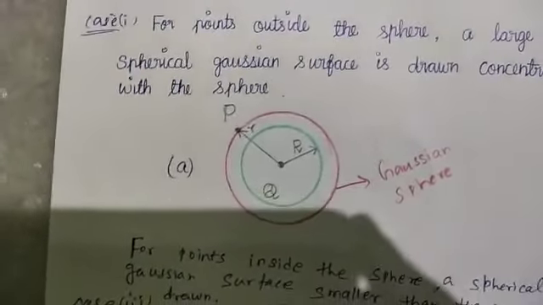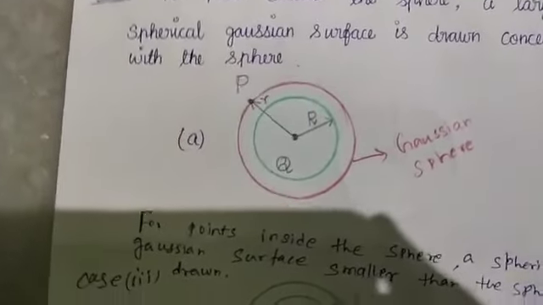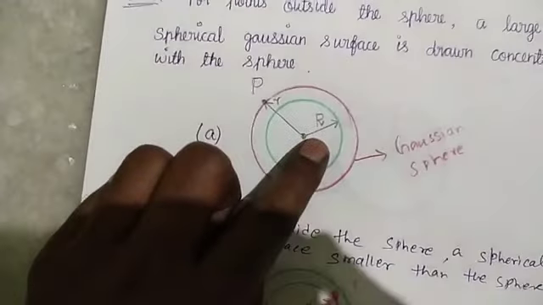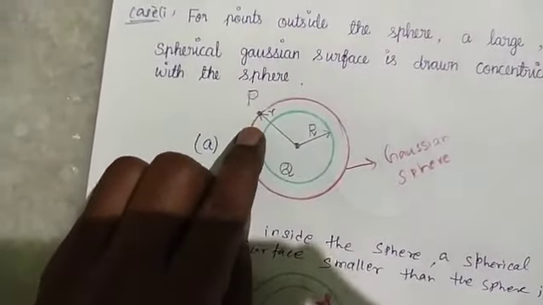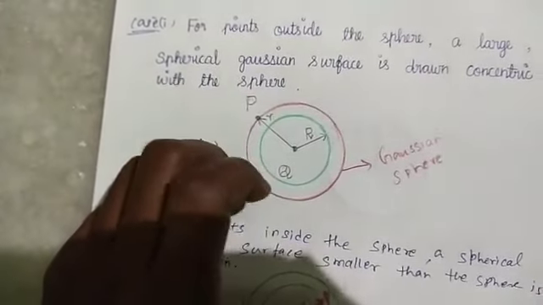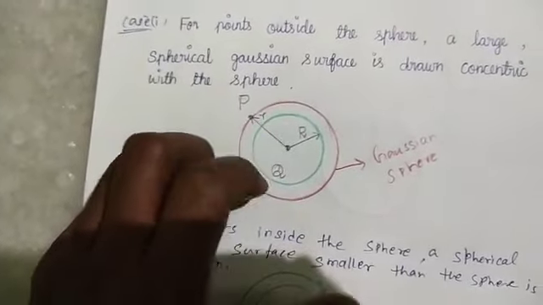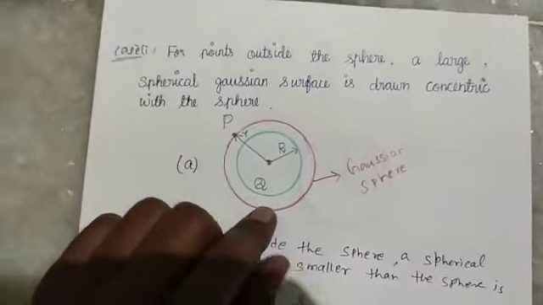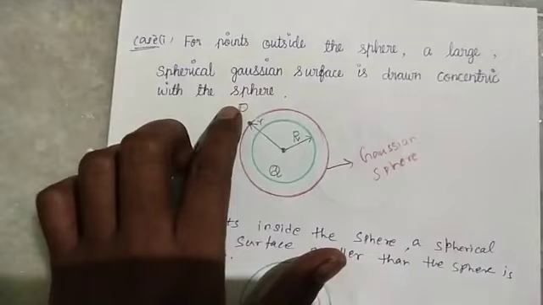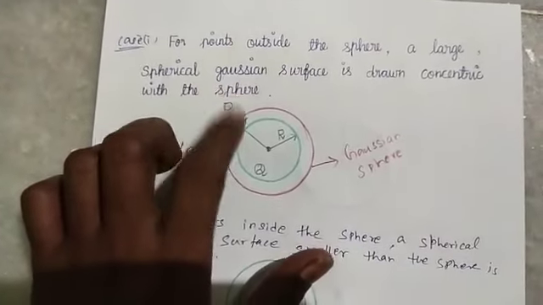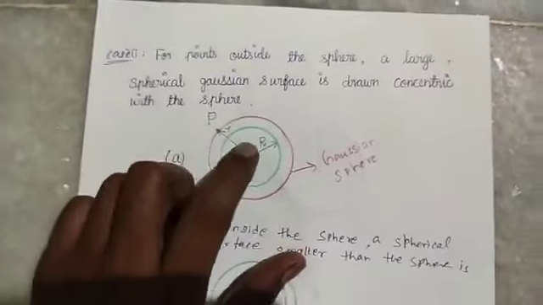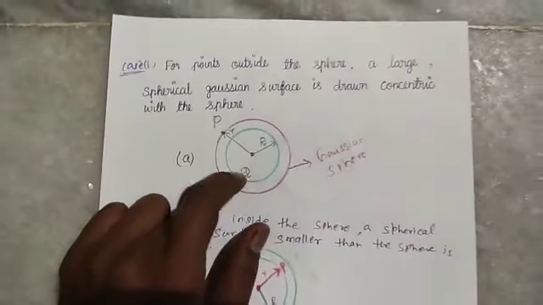Q is the charge present on the shell, with radius capital R, and small r is an imaginary surface outside the sphere, known as a Gaussian surface. Here P is a point on the Gaussian surface at a distance r from the center of the sphere.